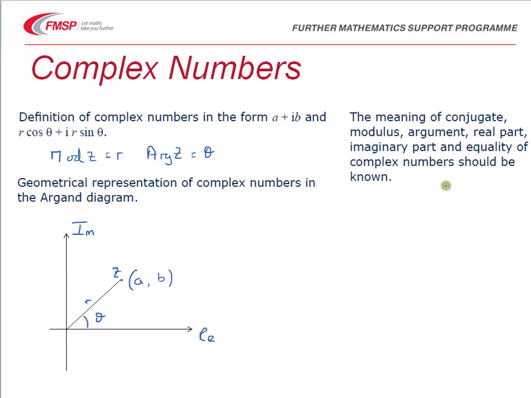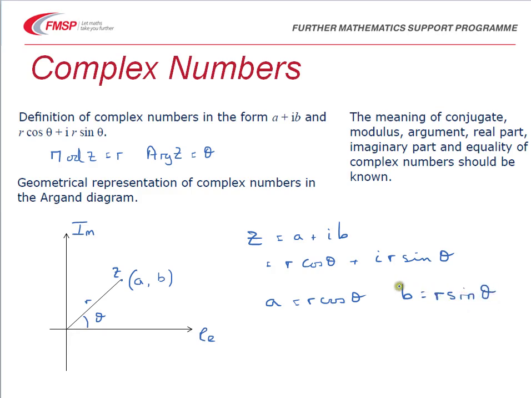so that we then have the possibility of interchanging between those, so that if z is equal to a plus ib, which is also equal to r cos theta plus i r sine theta, then clearly a is r cos theta and b is equal to r sine theta.